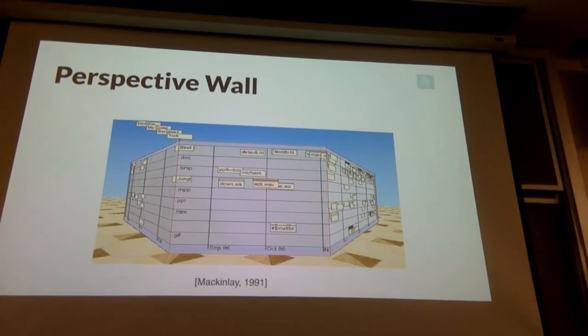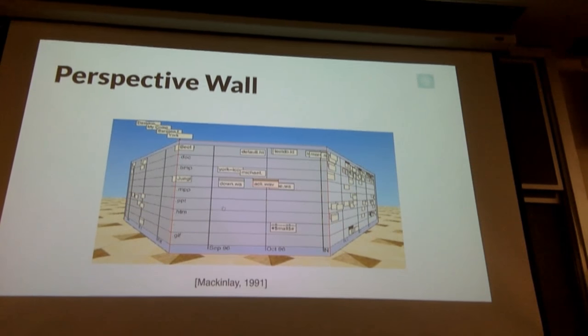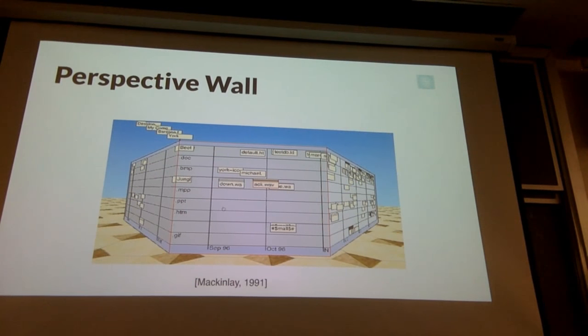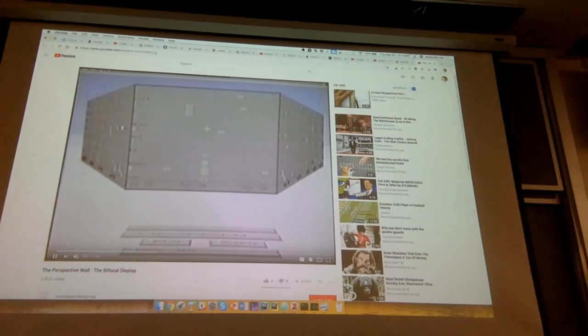Another example here would be the perspective wall, which I'm mostly mentioning for historic purposes. This is one of the seminal papers from Xerox PARC. The perspective wall is used to lay out 2D information onto a 3D segmented wall.